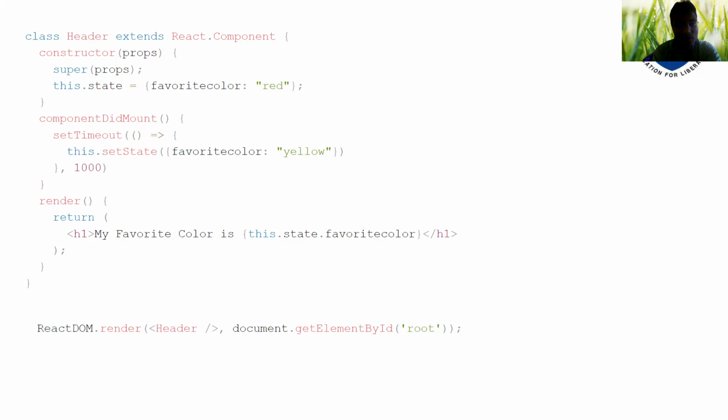Render, return my favorite color is this.state.favoritecolor. This will show the favorite color red. This will print my favorite color is red in the HTML web browser.